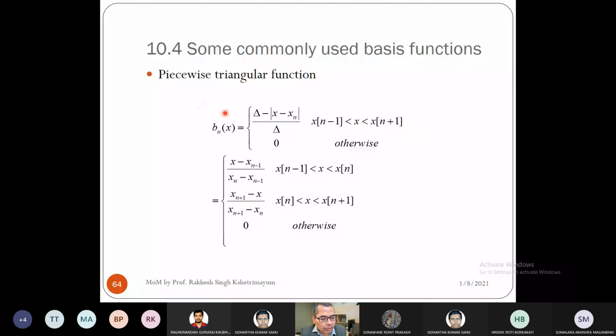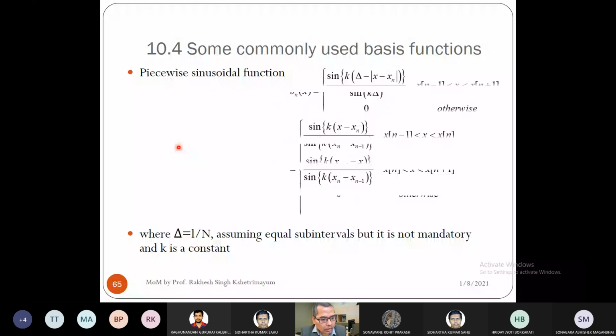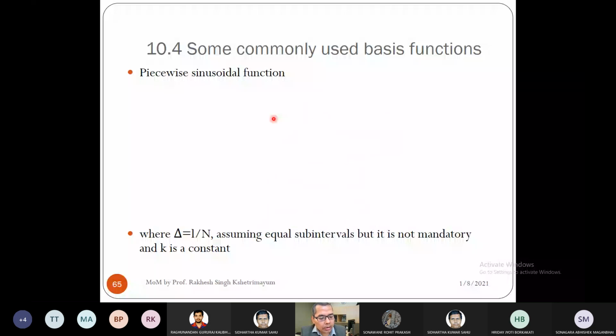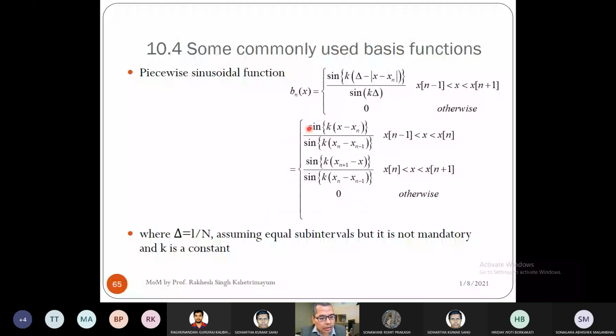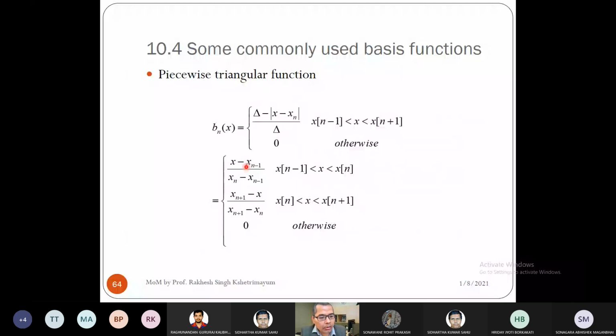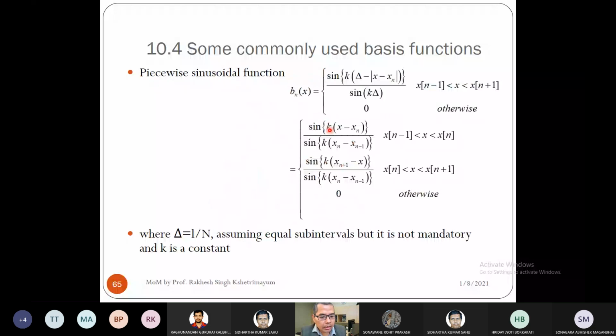From the piecewise triangular function, if you want to write the piecewise sinusoidal function, you just take sine of this, then you will get it. They are related. So I take sine of this divided by sine of this. I also multiply by a constant k here. This k is going to change depending on the medium you are considering. If it is a dielectric, this k value will change.